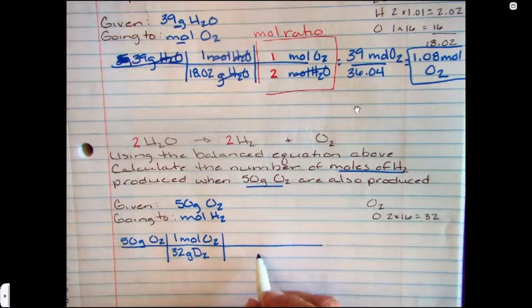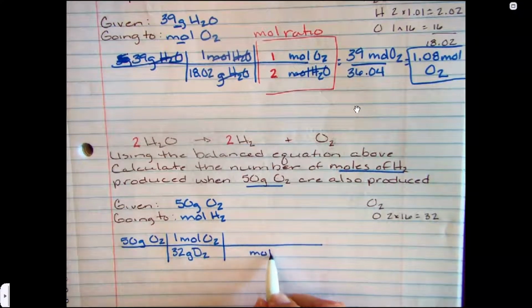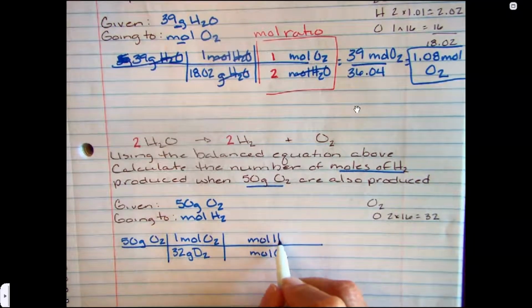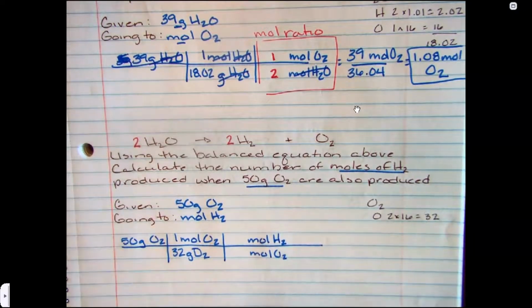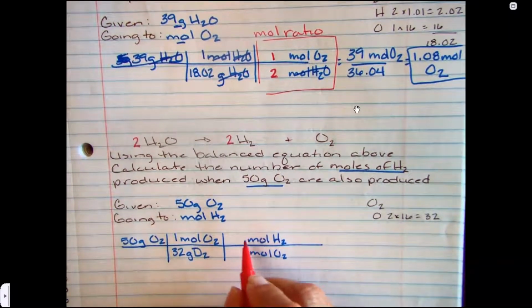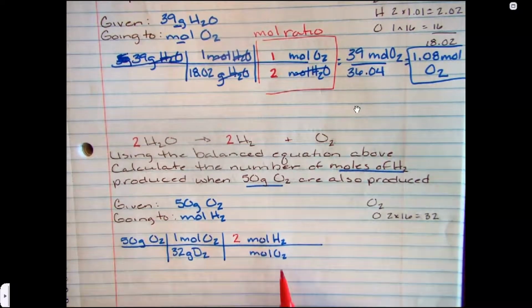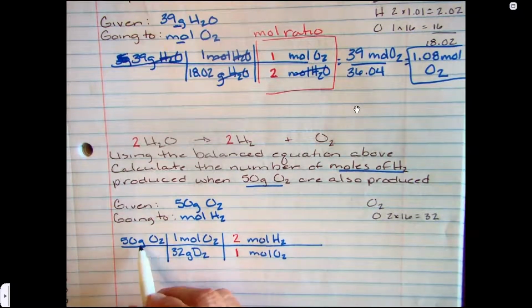So after doing this part, now we're at moles. So the next section is mole ratio. So mole O2, mole H2. We look at our balanced equation. The H2 has a 2 and the O2 has a 1. So now check and make sure things cancel out.